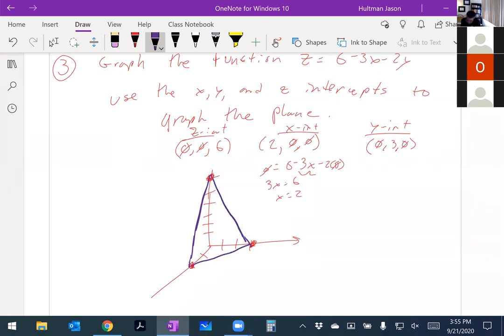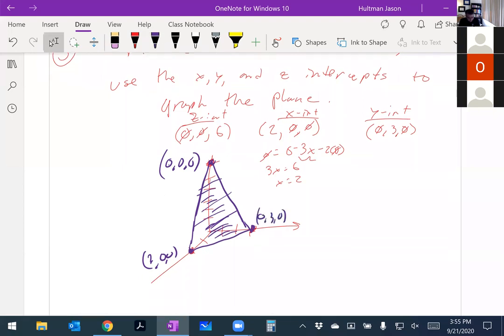And there's my plane. I'm going to maybe do a little shading on that. And that's my plane. Makes sense? And you could label your points if you really wanted to: 0, 0, 6 and 2, 0, 0 and 0, 3, 0. So pretty easy.